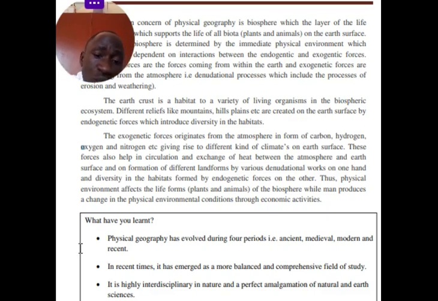With the denudational process, I mentioned weathering and erosion. With the endogenic process, we are going to be looking at landforms formed in there, and also landforms formed by exogenic processes or forces.